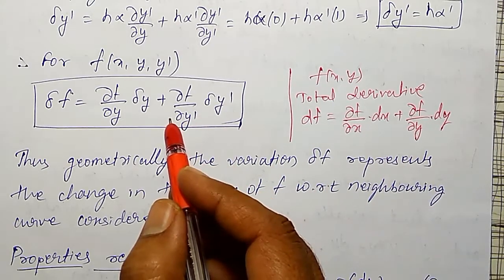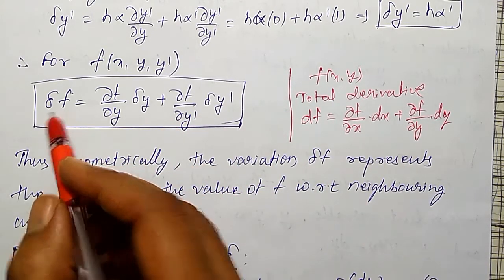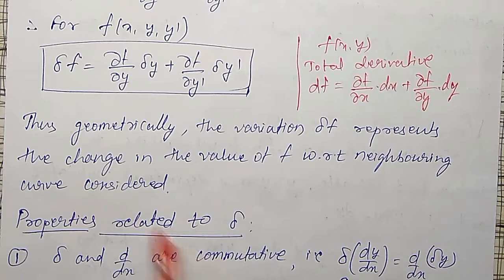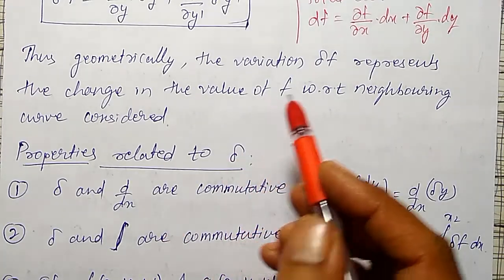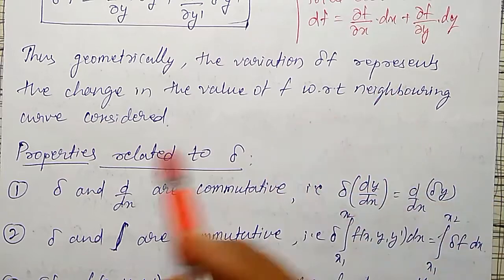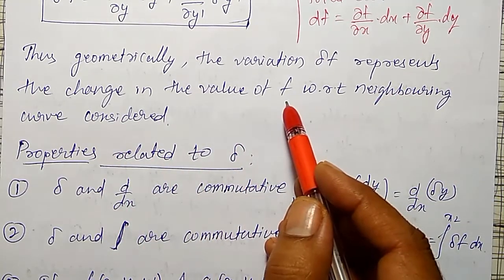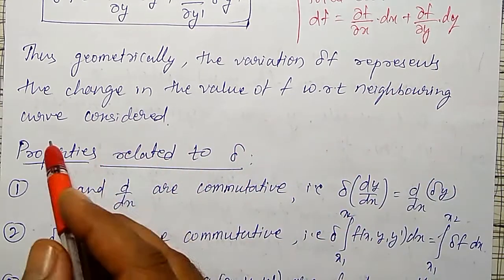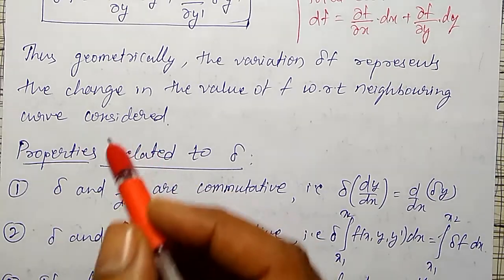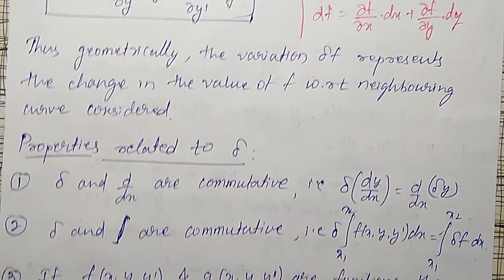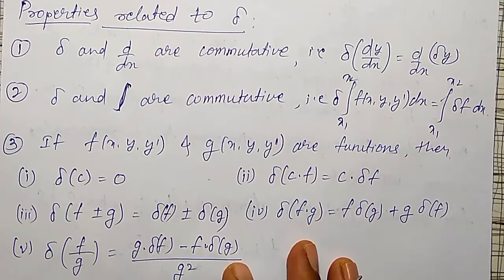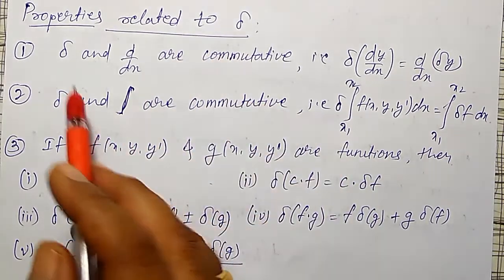Geometrically, the variation delta f represents a change in the value of f with respect to the neighboring curve considered.